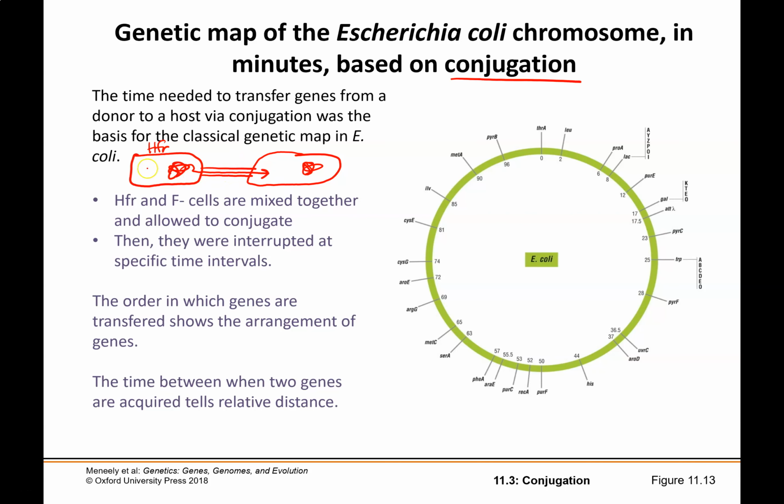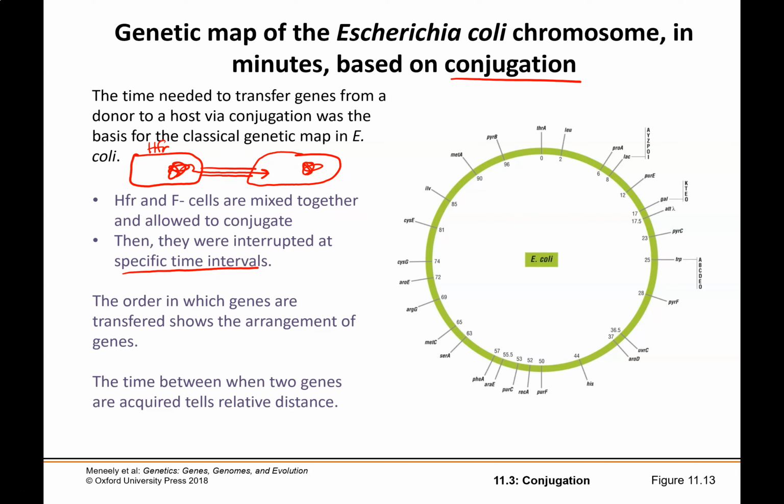If you allow these cells to conjugate for a set period of time and then disrupt it by mixing up the solution that they're in or somehow separating the cells, you're only going to get a partial transfer of DNA. If you do this repeatedly and interrupt at specific time intervals, you can monitor how much of the chromosome has been transferred from one to the other.